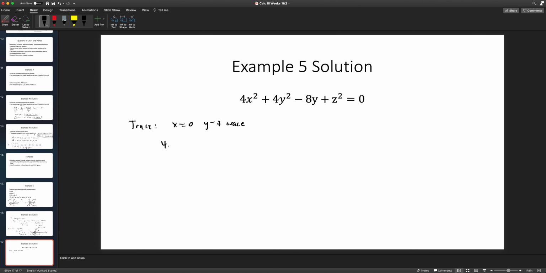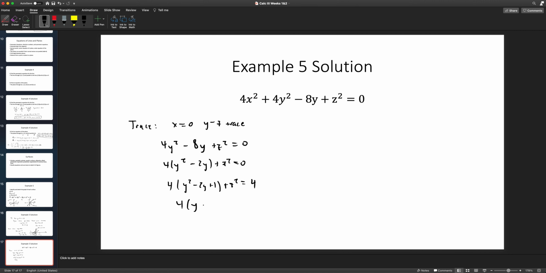So I have 4y squared minus 8y plus z squared is 0. And here, if you notice, we can factor out the 4 and complete the square. And we see we can factor it out.